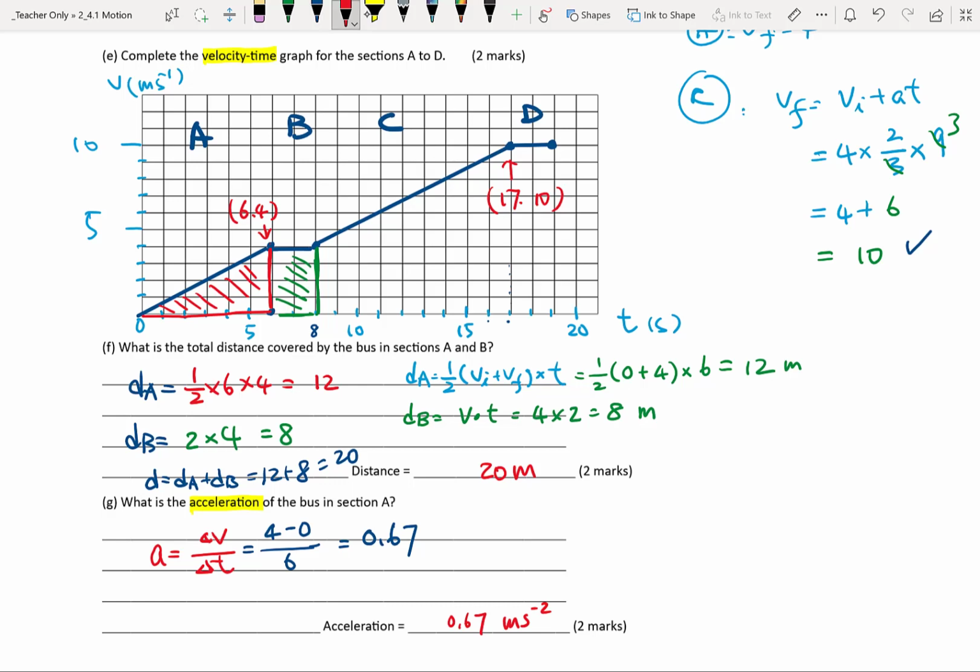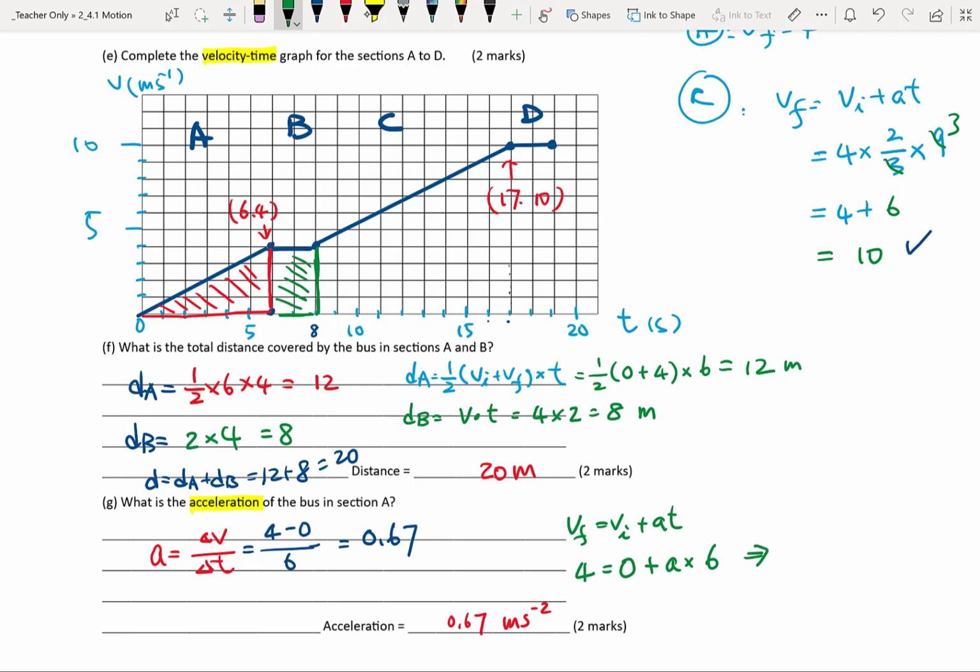Or you can say, I like to use the formula. The formula given is VF equals VI plus AT. Okay, final speed is 4, initial speed is 0, A we don't know, and T is 6 seconds.